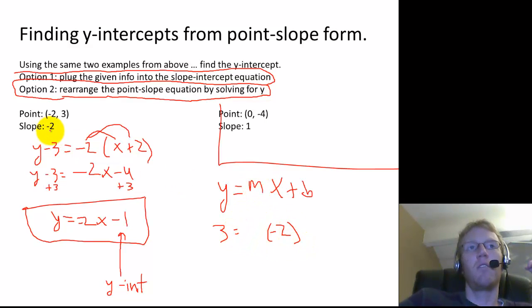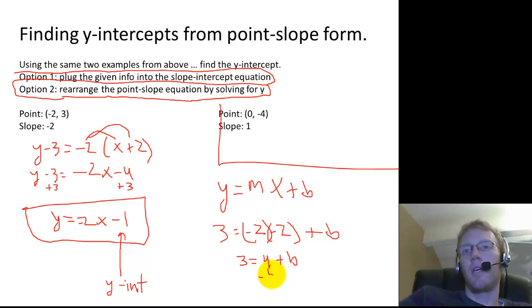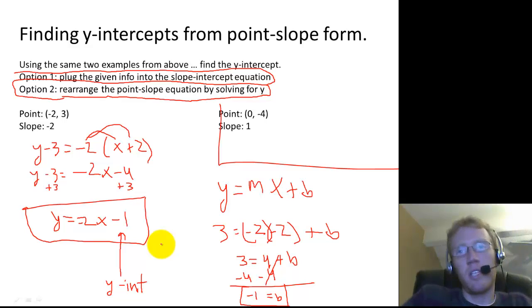I know my m value is -2, plus b, and now I can solve. So -2 times -2 is 4, so 3 equals 4 plus b, and now subtract 4 from both sides. They cancel, and -1 equals b. So in both cases, you get the same value, as you must for the intercept, and you can do whichever one you prefer.